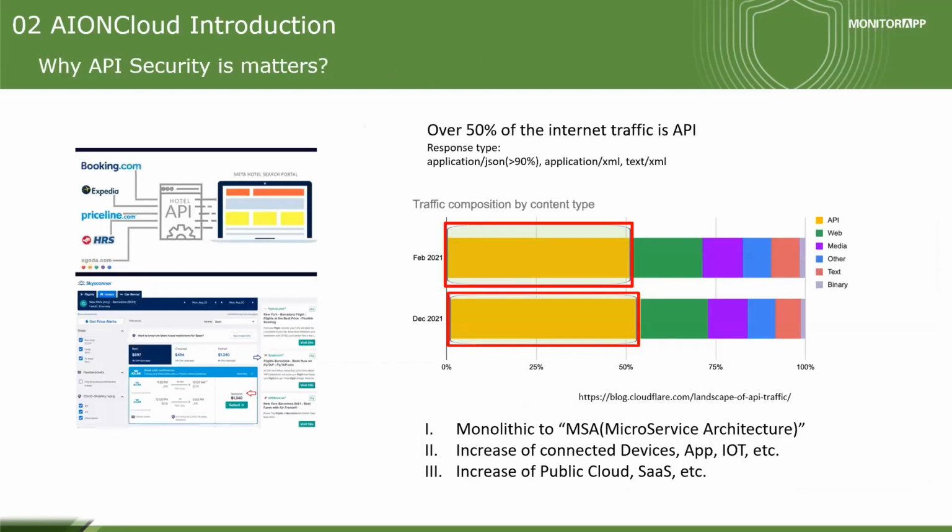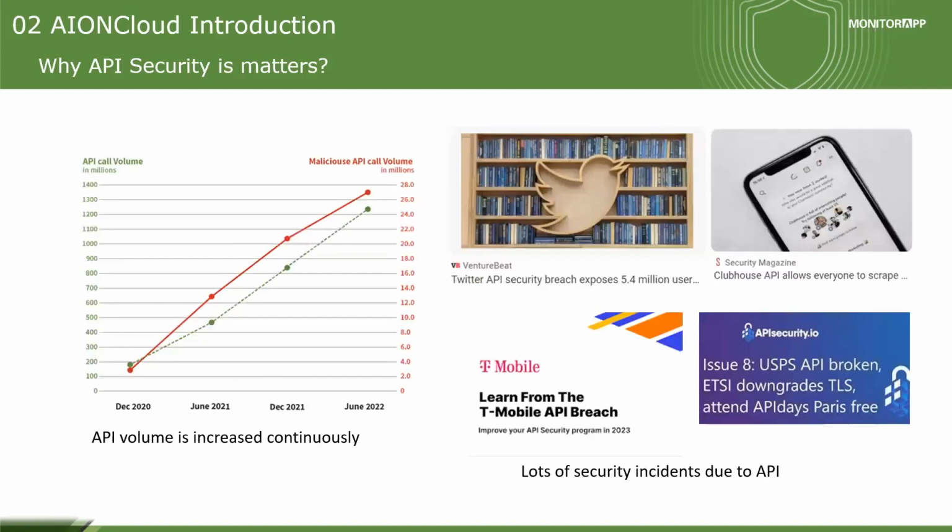Next one is API. Why is API security important? You may be familiar with Hotels.com or Skyscanner, where all of the traffic is API based. According to reports, over 50% of internet traffic is API related, and the traffic is increasing continuously.